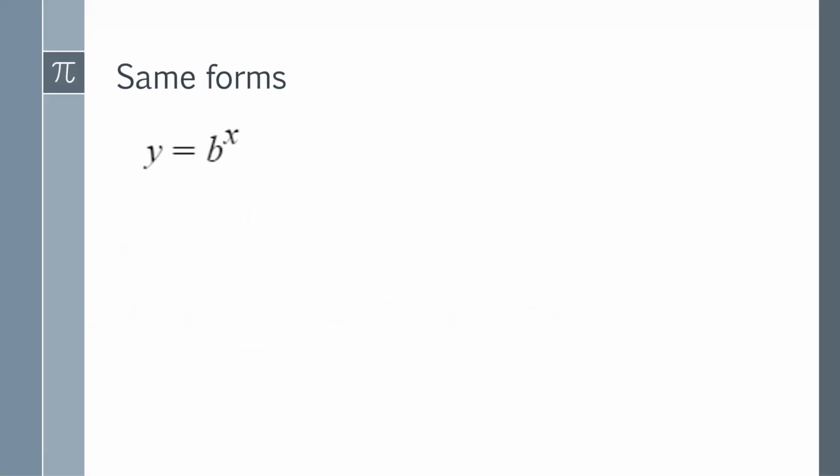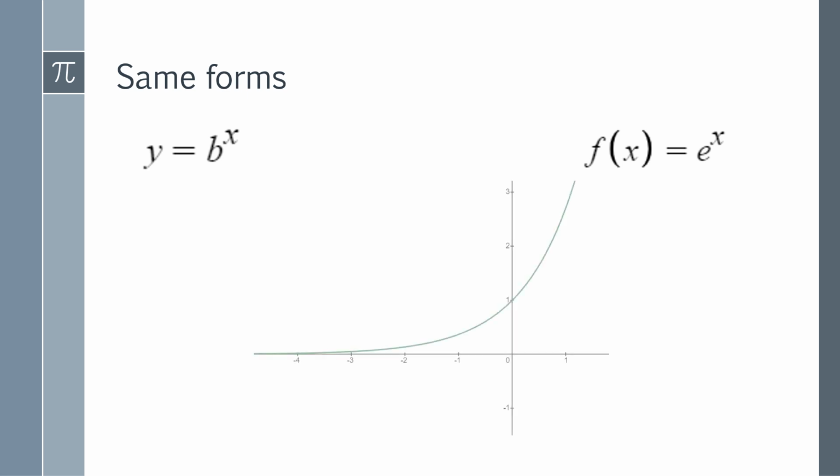All right, so last class period, we have known another form of an exponential is e to the x. Again, e to the x is the same as b to the x.